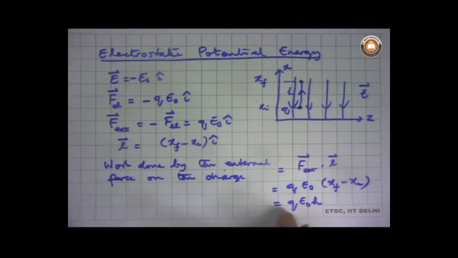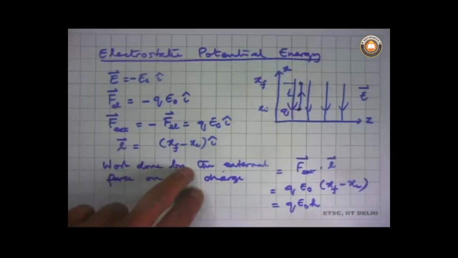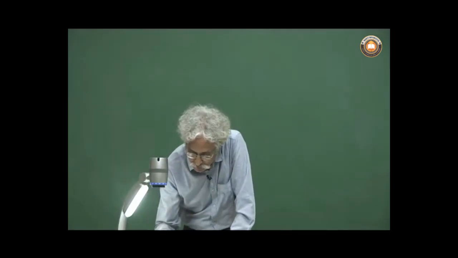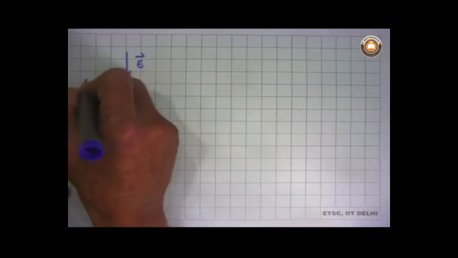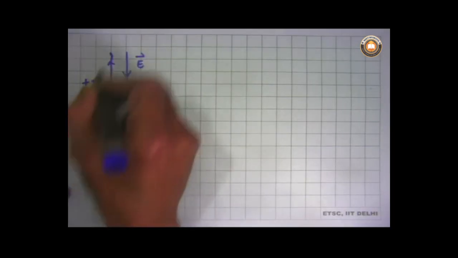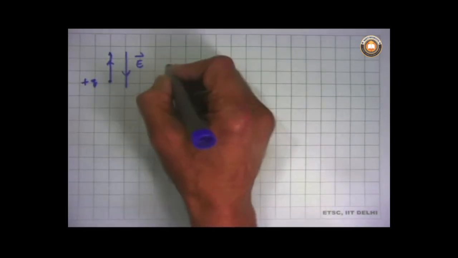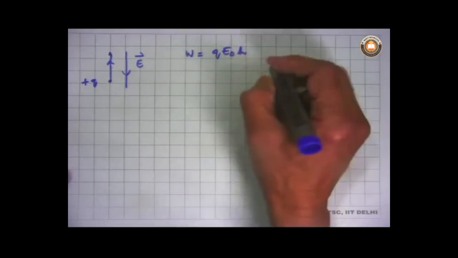Please note that this is the work done by the external force on the charge. So, this equation is true for all kinds of charges. Let me try to draw a figure here which shows what happens with various charges. So, I have the electric field pointing down. Suppose my charge was positive and I move from here to here. The work done is equal to q E naught h, and q is positive.